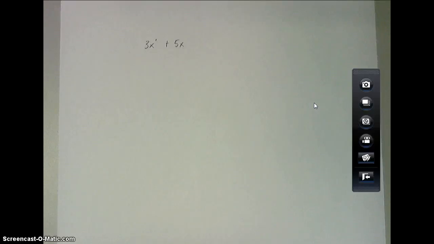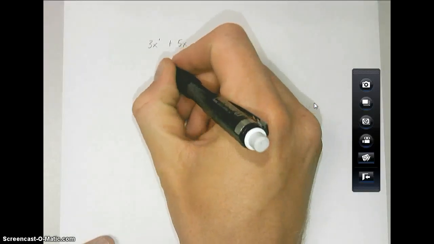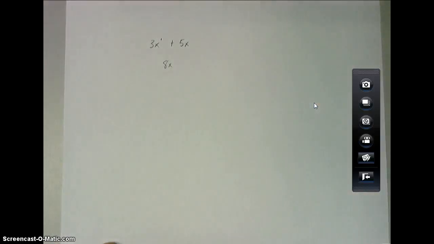So it has the same base and the same exponent, so we can add them together. This is just going to be 8x. We add the coefficients, we keep the base the same, and we keep the exponent the same. That's also important to remember. When you're combining like terms and simplifying expressions, you keep the base, you keep the exponent, and you add or subtract the coefficients. So that's 2.1 in a nutshell.